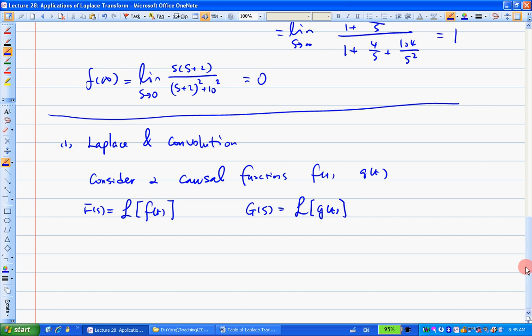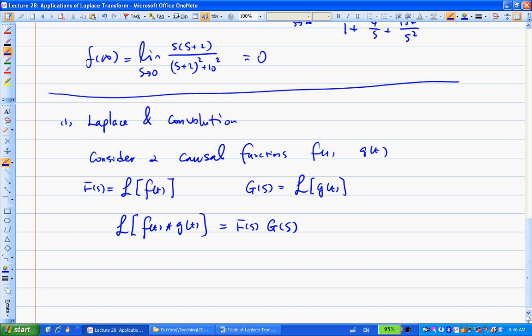Usually the convention is you use a small letter for the time function and the corresponding capital letter for its Laplace transform. Then the Laplace transform of the convolution of these two time functions is capital F of s multiplied by capital G of s. So here is the theorem.